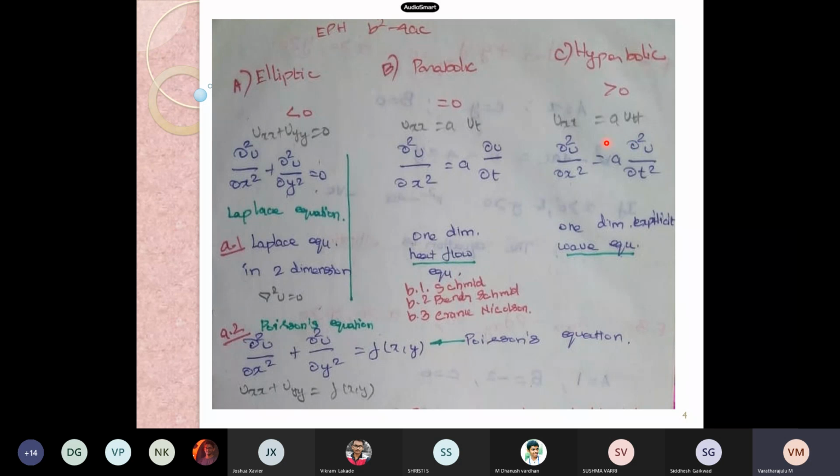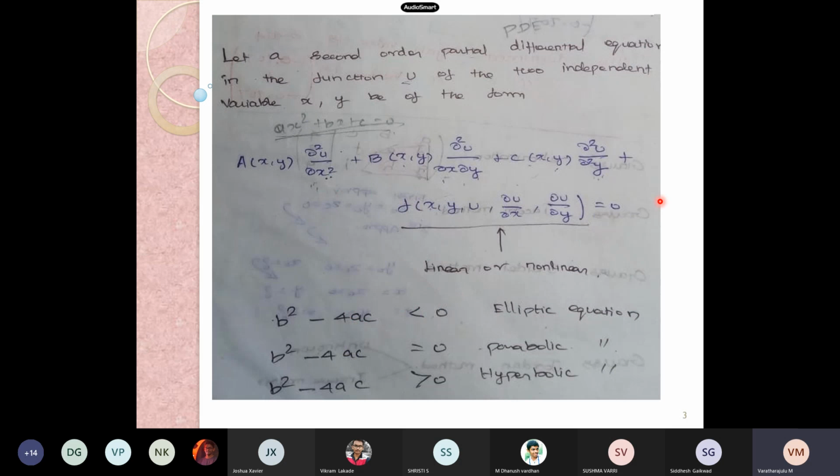By making this one side, how we can write this is uxx minus a into utt. See here, instead of yy, we converted y to t. So the formula is the same here. Can someone tell me, applying b square minus 4ac, whether it is greater than 0? You tell me, someone.